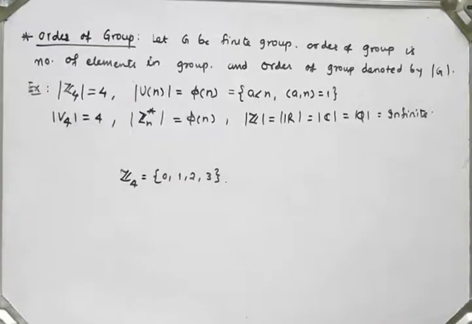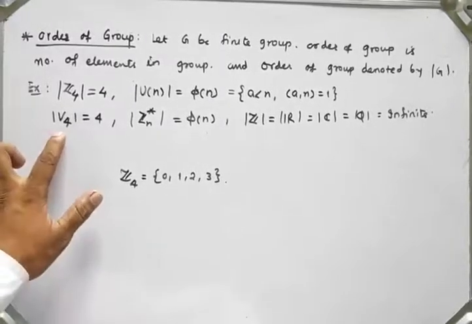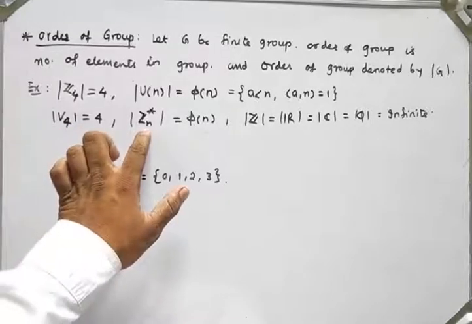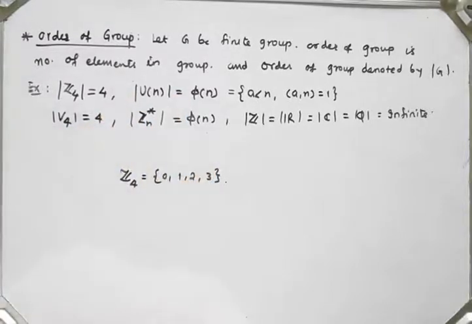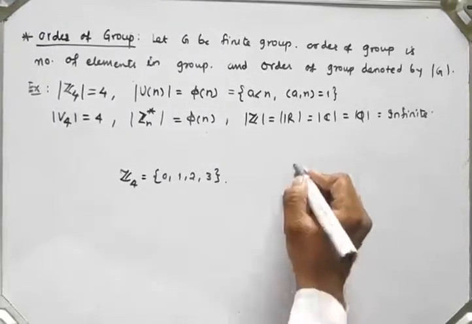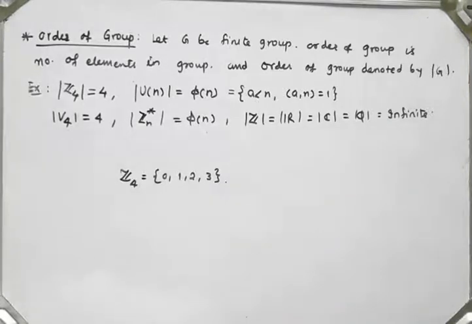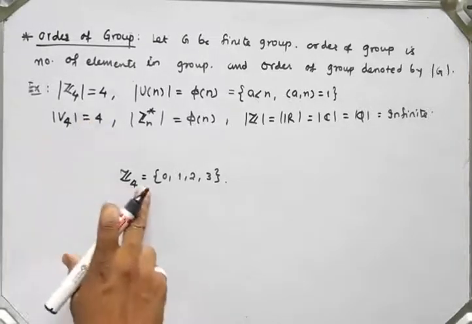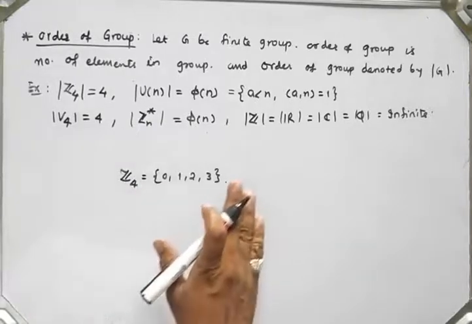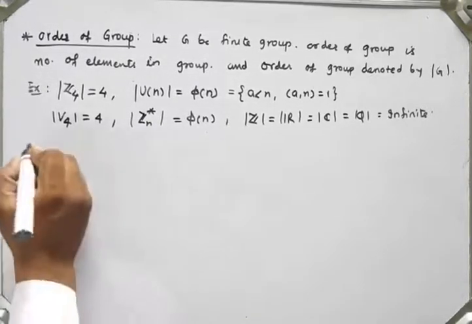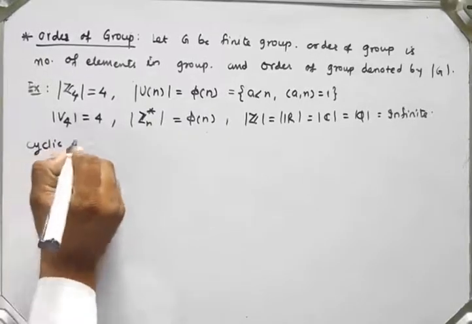Z4 has the operation addition, whereas the Klein 4 group and Zn star, phi of N, have the operation multiplication. The elements are of the type integer power of some number, and here the operation is addition. So we will see the first definition of cyclic group.